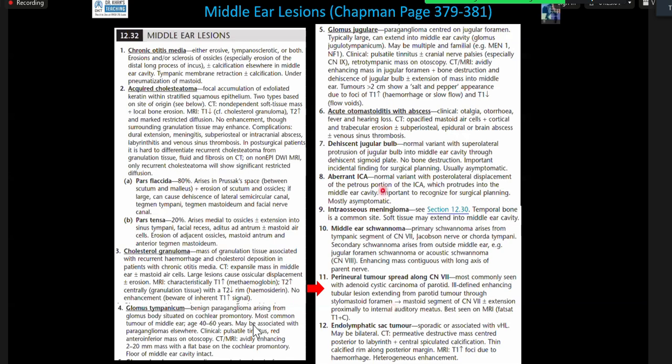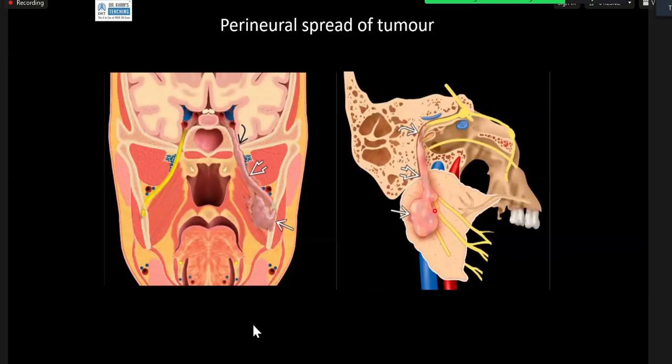If you see here, this is the parotid gland. If there is a tumor sitting here, this is known as perineural spread of the tumor. It goes through the stylomastoid along the facial nerve. The facial nerve, as if it is fire, it goes along a wire. And from here, it can go all the way into the cranial cavity. Same concept. This concept is an exam concept.